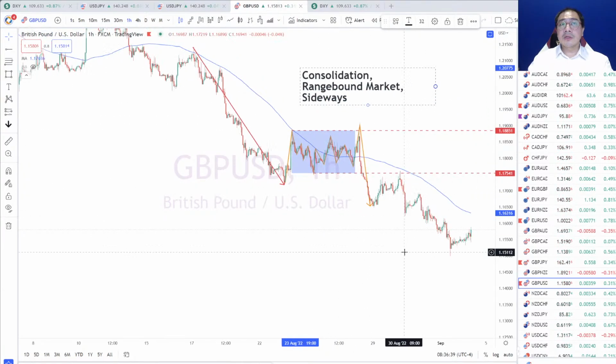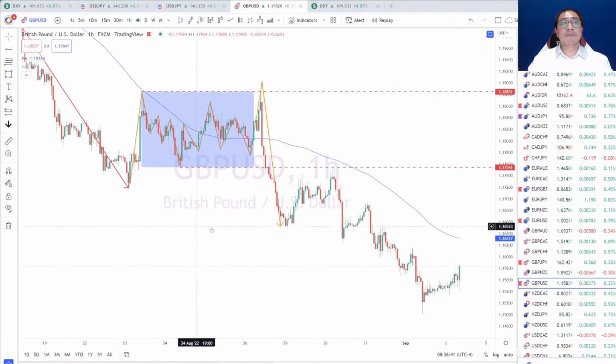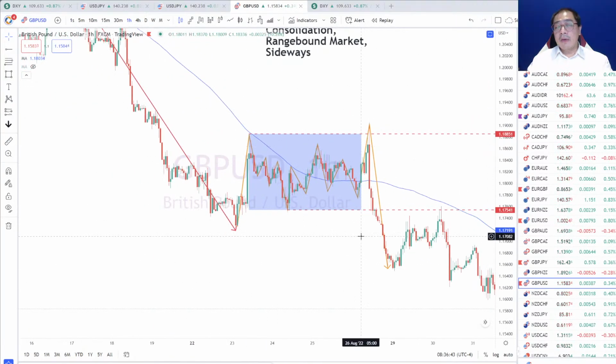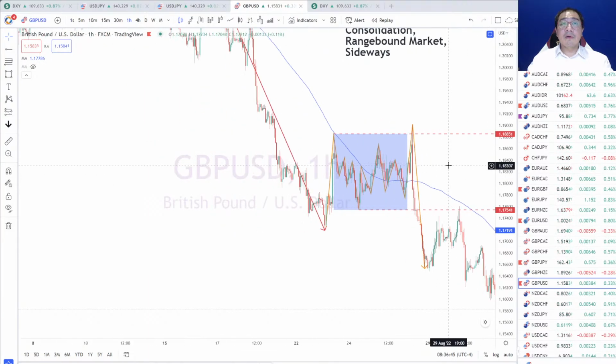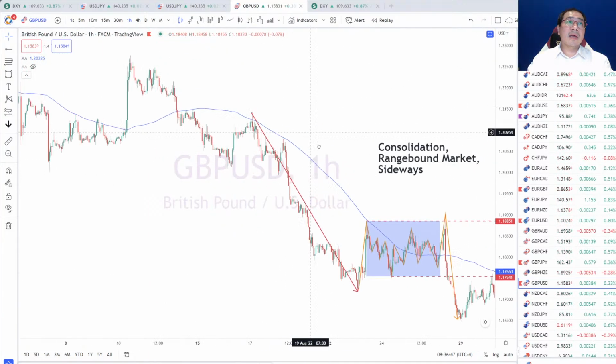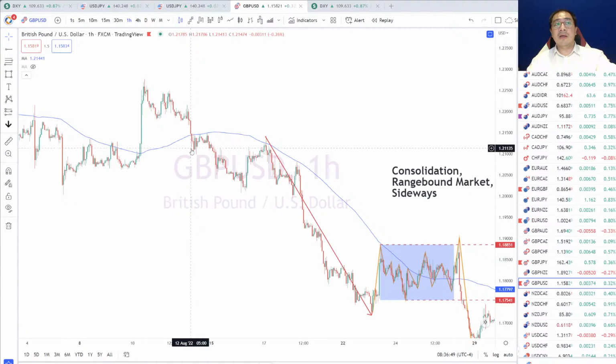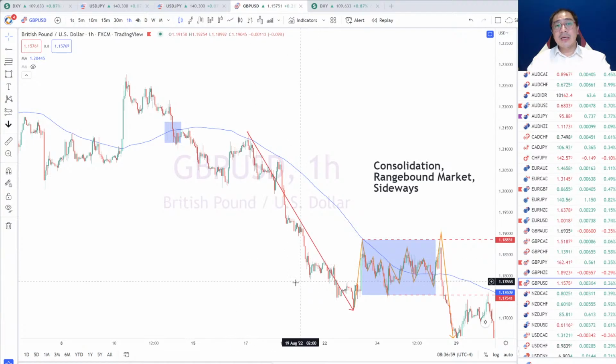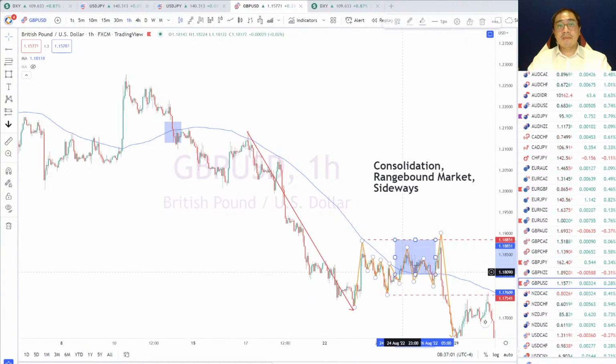Consolidation, range bound or sideways market conditions could have an impact on your trading. If it's trending, it's smooth sailing. You can say, it drops below the moving average, I think we should consider it a downtrend and trade it, until it stops being below the moving averages, which is over here.